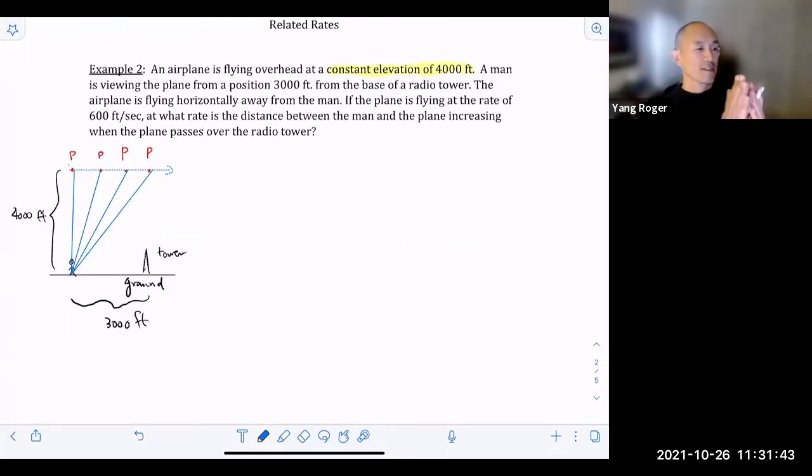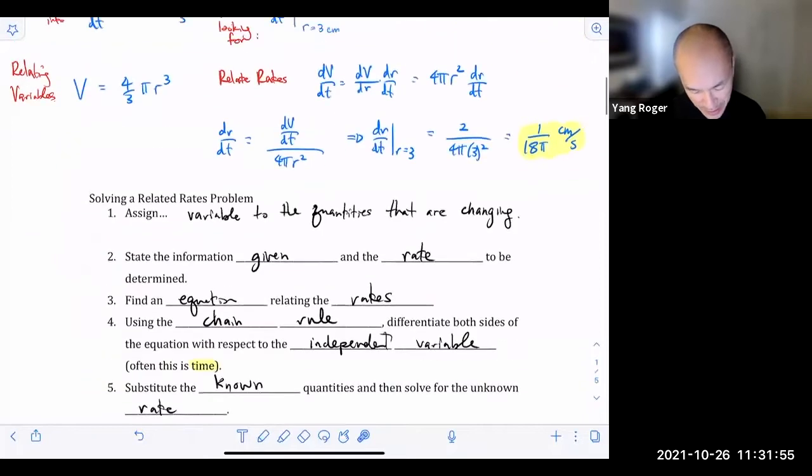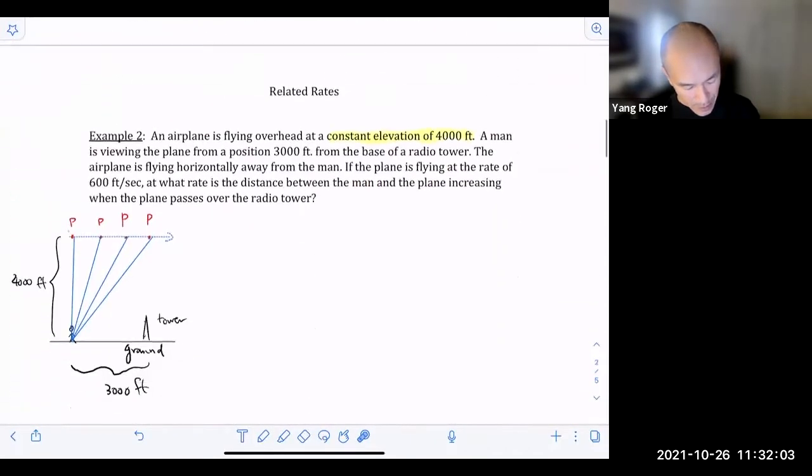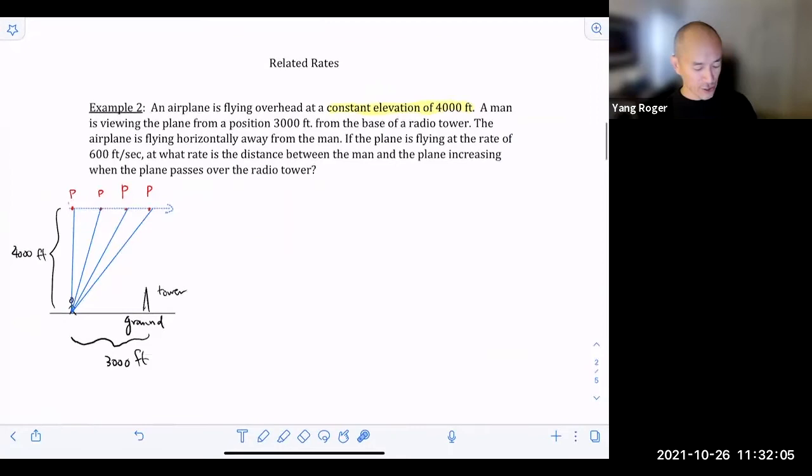So this picture that I'm drawing right here, you should see here's one triangle, here's a second triangle, here's a third triangle. I'm really trying to mimic this drawing that I drew of a balloon inflating to understand the situation. And what I really need to do is introduce some variables.